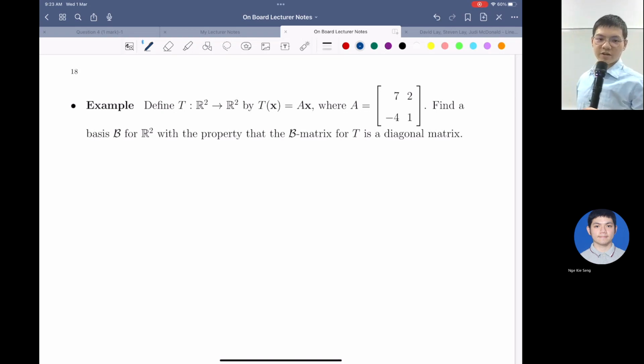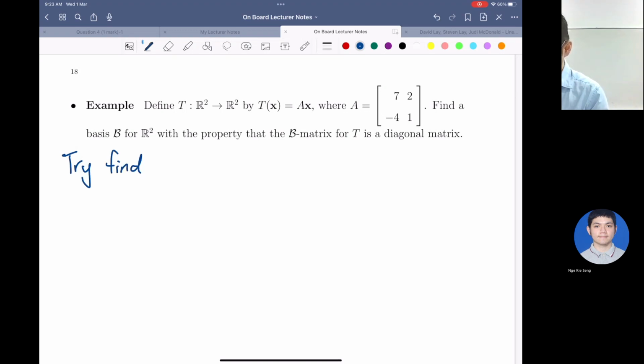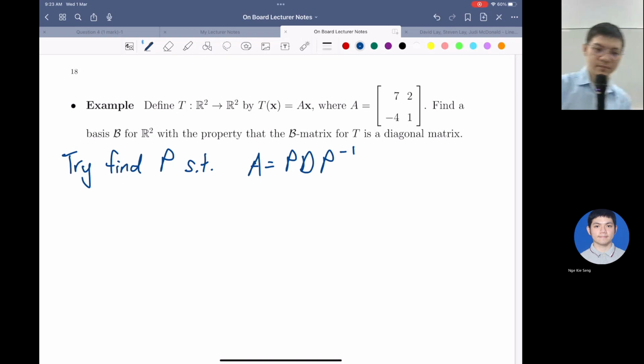Let's use the technique we have and see what's going on. Find P such that A equals PDP inverse. Let's try 5 minutes.